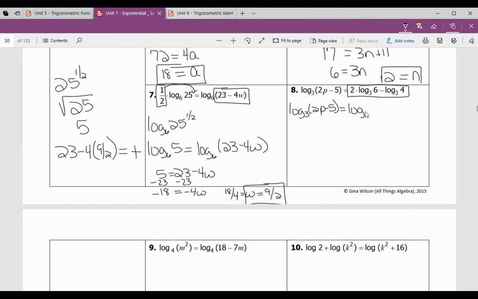That is correct. So that would be 6 squared. So I took care of my power. There are 2 properties. What's the other one? Division.